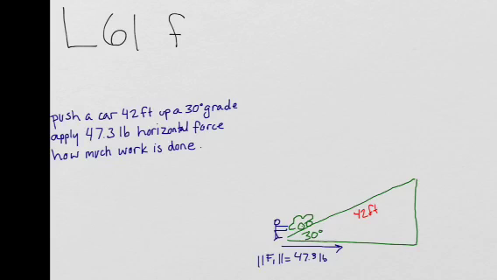It's going to have an effect of pushing the car up the hill, but it's also going to be counteracting another force, and this one's a little bit harder to think about. I'm going to say it's going to counteract a force that's perpendicular to the hill there.